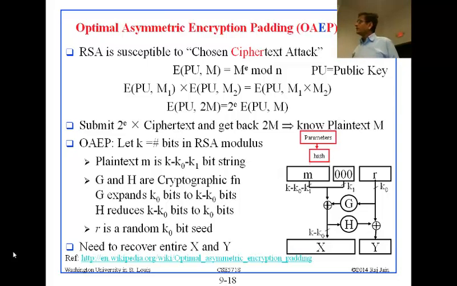If you take the ciphertext of message M1 and multiply it with the ciphertext of message M2, that would be the encryption of M1 times M2. So this is true. And so if you follow this formula, the encryption of 2M is simply 2 raised to E times PU of M. So take any message, get the ciphertext, multiply it by 2 raised to E, and send it, and you will get 2M.